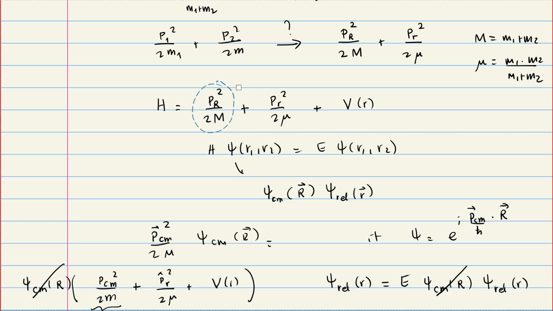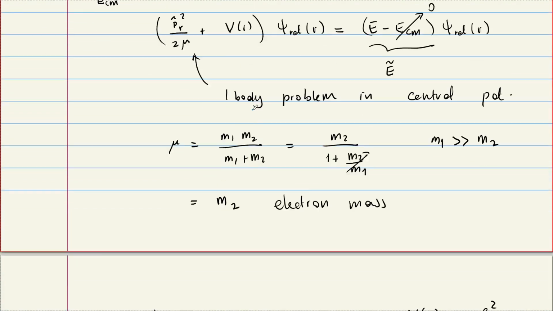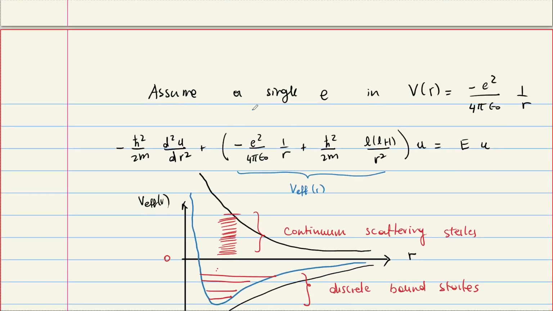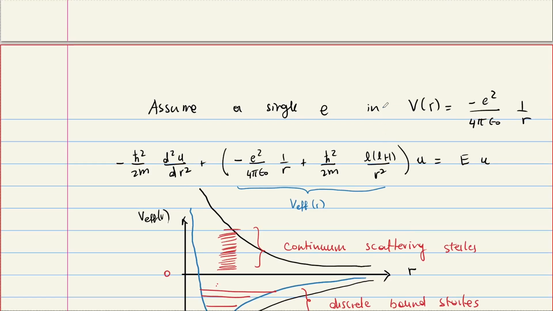Okay? And in that case, the lowercase r equation becomes a single electron in a central potential. With the difference that m here should be the reduced mass. But since the proton mass is about 1,000 times heavier than the electron mass, the reduced mass is approximately equal to the electron mass.